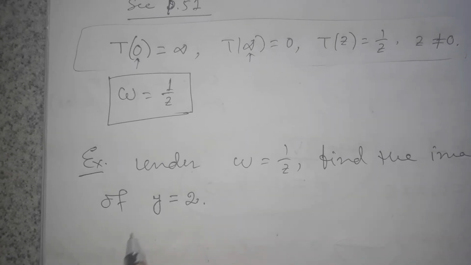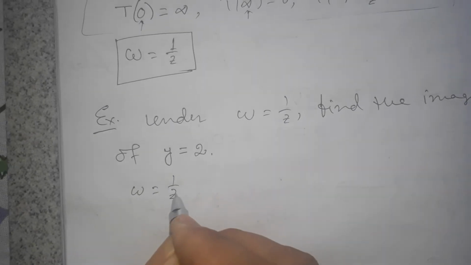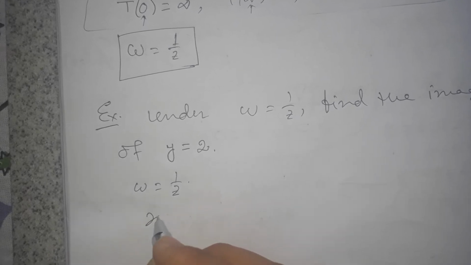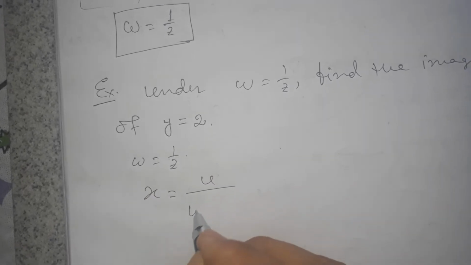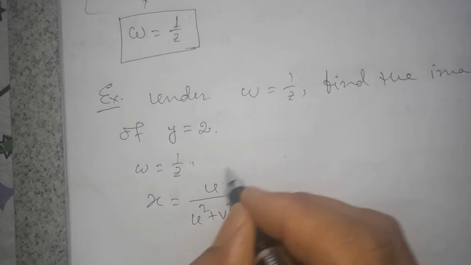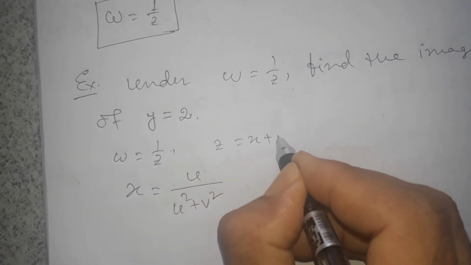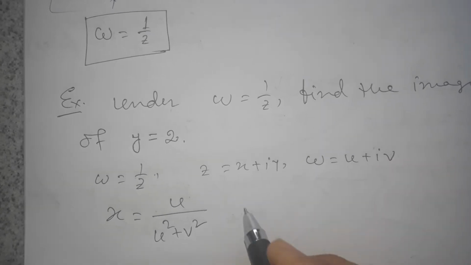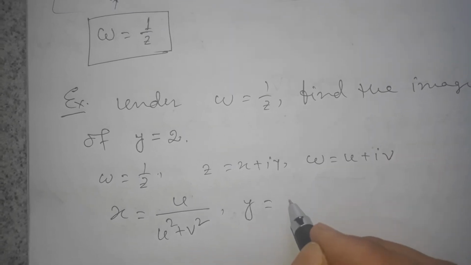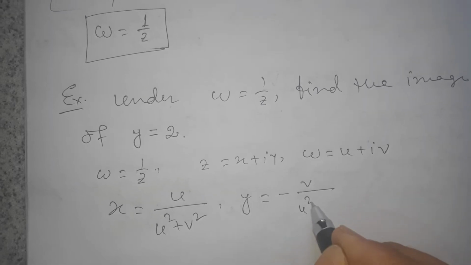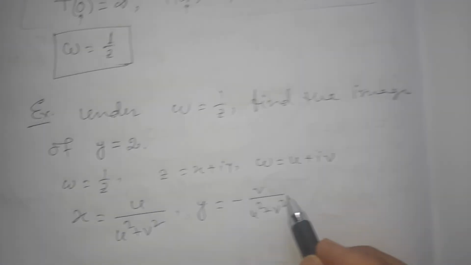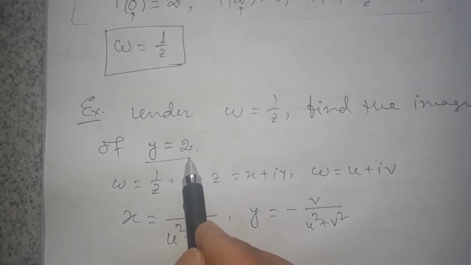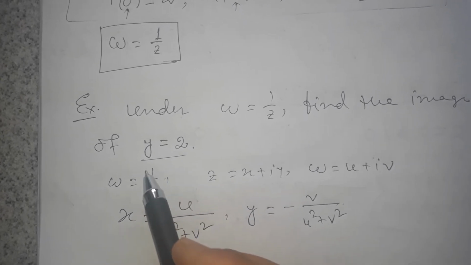So for w equal to 1 upon z, we already got that x equal to u by u square plus v square, where z equal to x plus iy and w equal to u plus iv, and y was minus v by u square plus v square. So you see that y equal to 0 is a straight line passing through the origin.